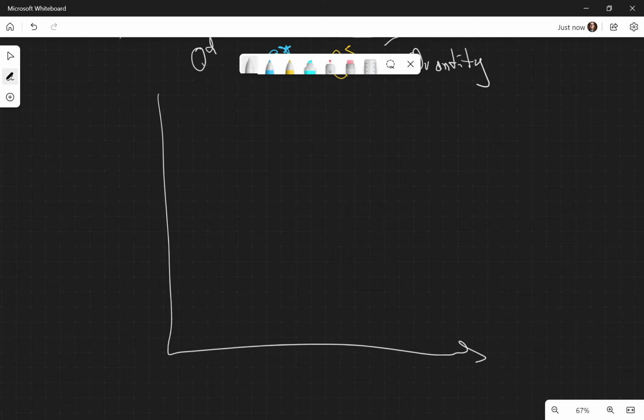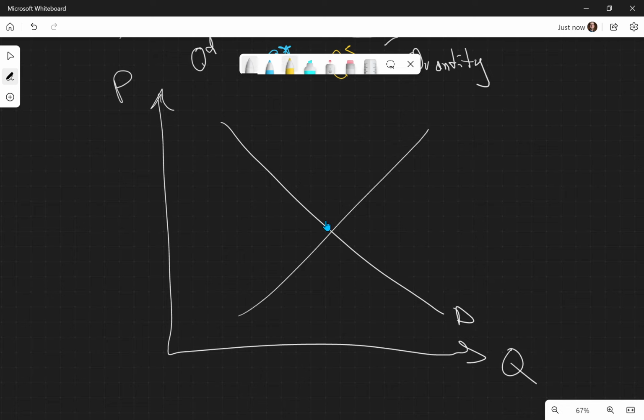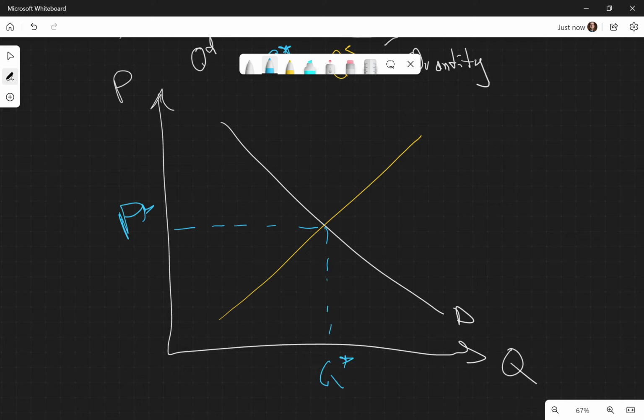Similarly, when the price is too low, what did we find? We found that the quantity supplied is now mismatched with the quantity demanded.